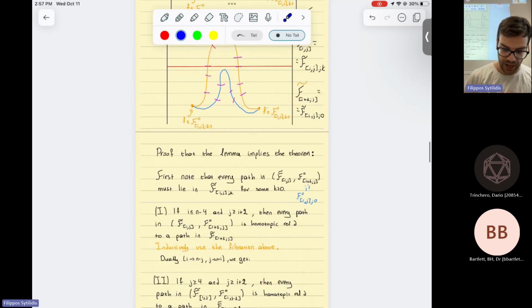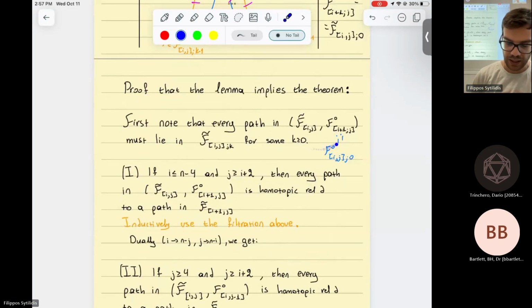And that just shows this bit. That just shows that if I have a path that introduces some index i critical points, I can homotope it into a path where I throw away those index i critical points that I have introduced. That's what the lemma lets us imply. Is that better?